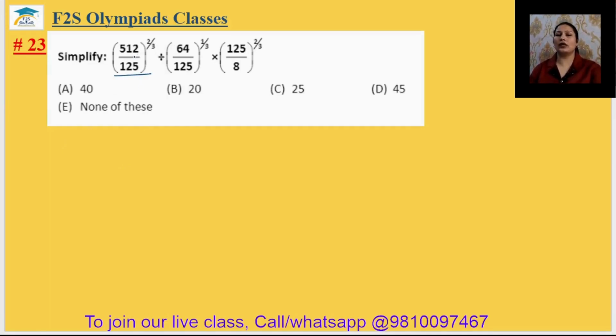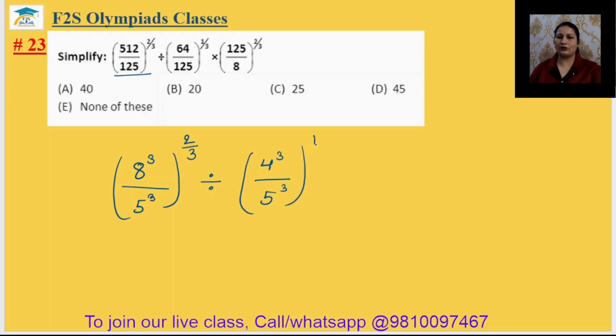Can I write 512 as the power of 8 to the power 3? 8 8s are 64, and 64 8s are 512. So 512 upon 125 can be written as 5 to the power 3, whole power 2 by 3, divided by 64, which can be written as a power of 3 on 4, and 5 to the power 3, whole power 1 by 3, multiplied by 5 to the power 3 upon 2 to the power 3, whole power 2 by 3.